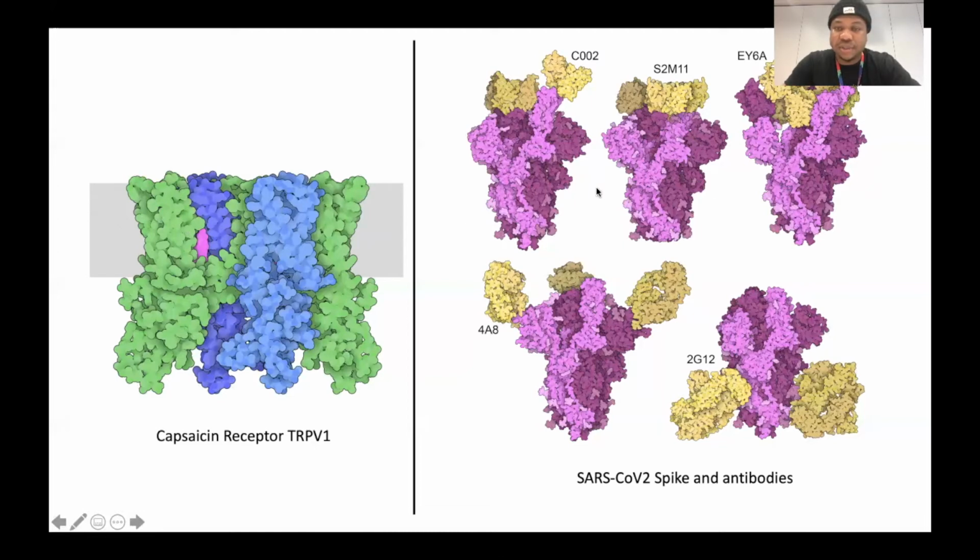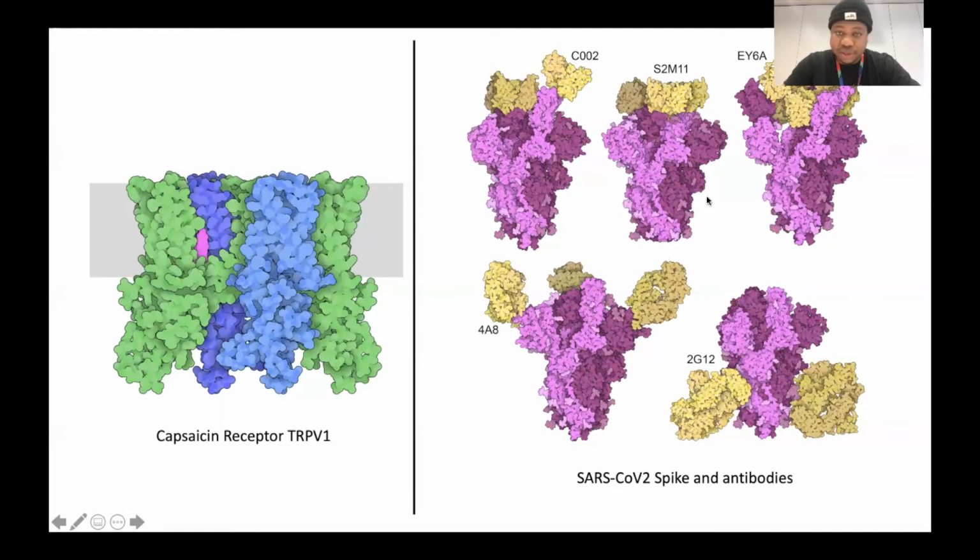And then on the right-hand side is the spike protein from SARS-CoV-2, which causes COVID. These are several different structures of this protein bound to antibodies. The spike protein is shown in this pink-purple color, and the antibodies in this orange-yellow color.